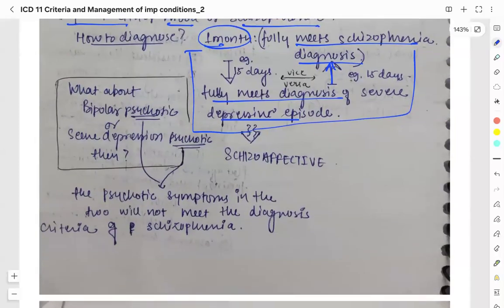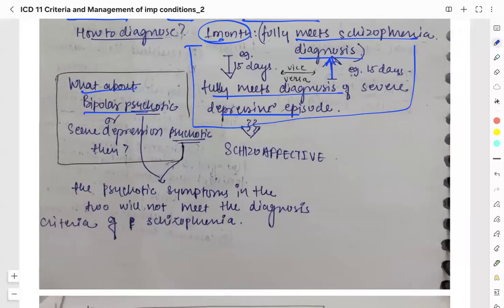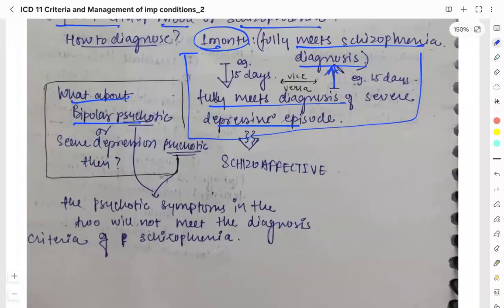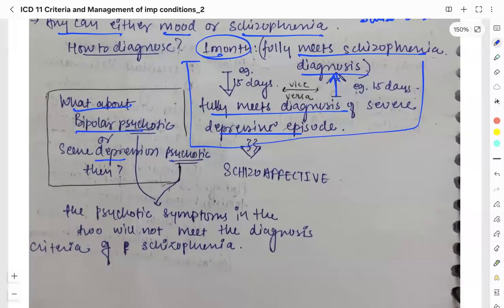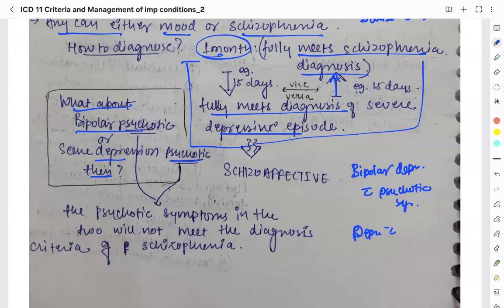All right. So how would you differentiate if a person is having a bipolar psychotic or severe depressive psychotic disorder? In bipolar disorder we have a specifier for with psychotic symptoms, let's say bipolar depressive with psychotic symptoms, and we also have a specifier in depressive episodes with psychotic symptoms.